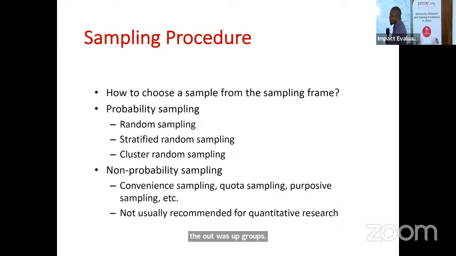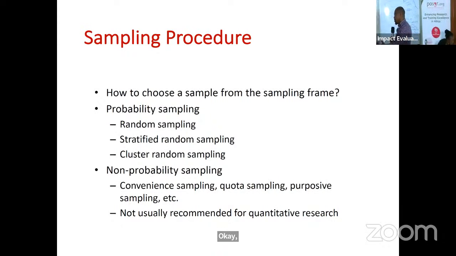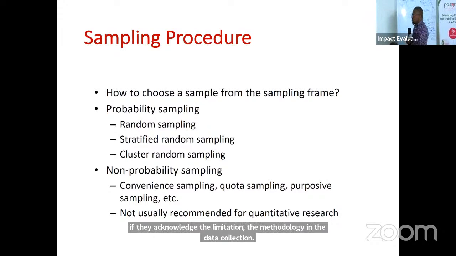Yeah. So there's a question of representation, but that could also be the limitation of the study. Maybe that's the reason why they were published, because you don't have to be perfect. If they acknowledge the limitation in the methodology and data collection, perhaps that explains it, because all studies are not perfect.